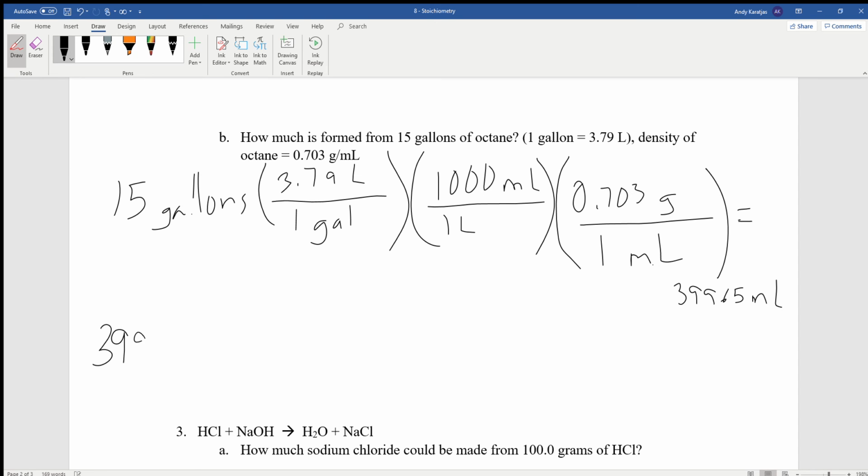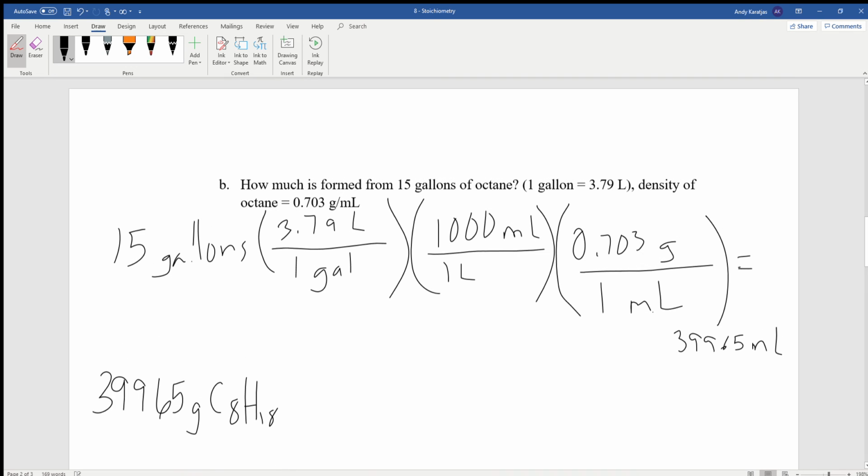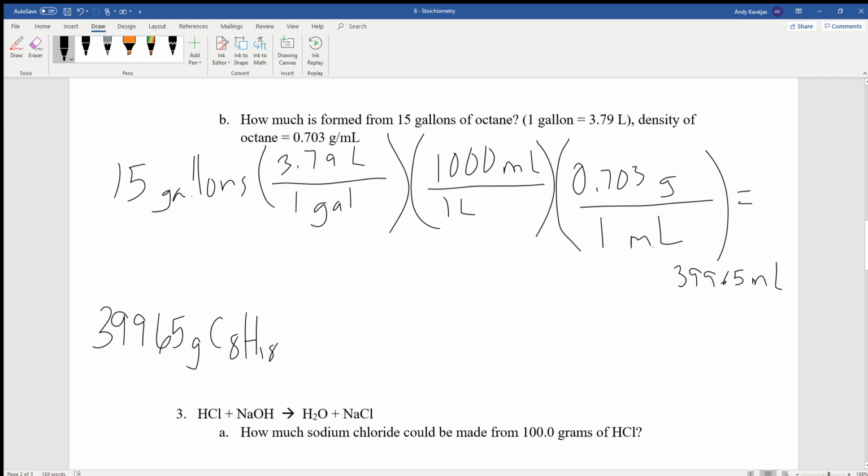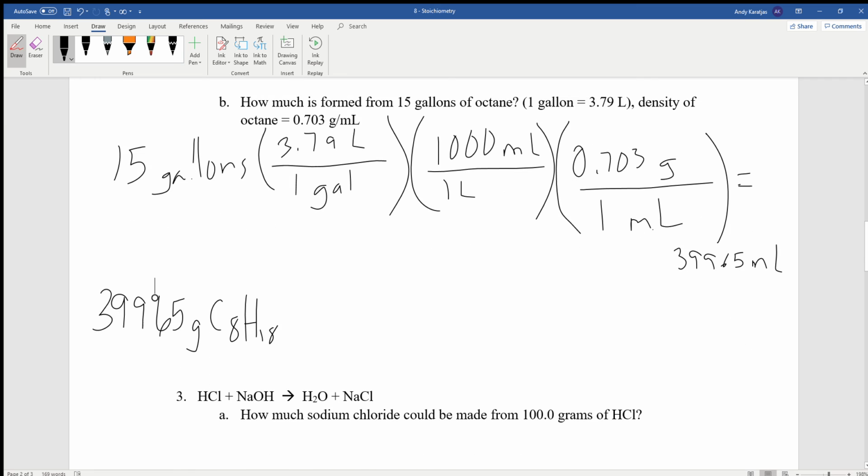So 39,965 grams of octane times 1 mole of octane over 114 grams of octane.